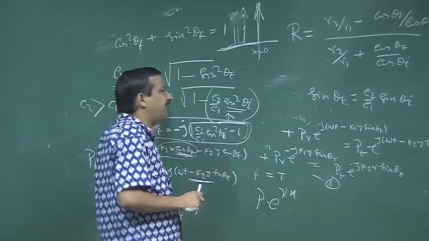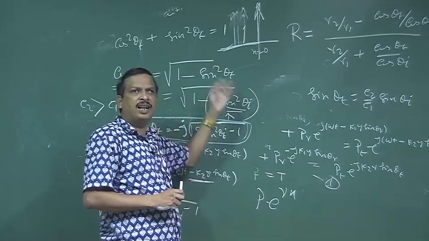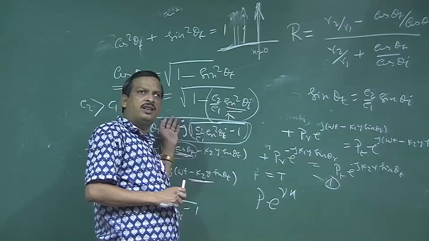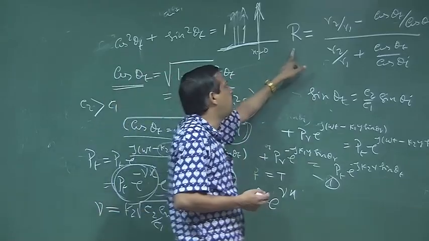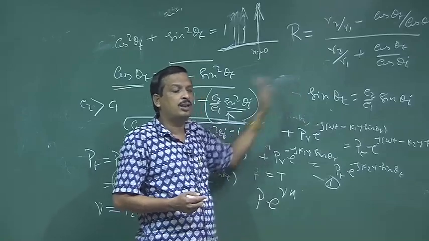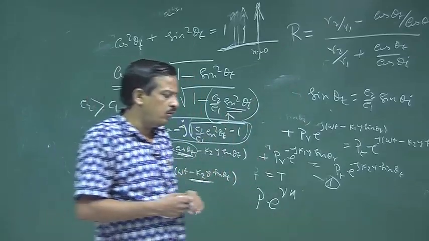In case of oblique incidence, we have calculated the critical angle, we know theta t, and if we know C1 and C2, we can calculate the reflection coefficient and the transmission coefficient, both. Okay. So, oblique also you can do.